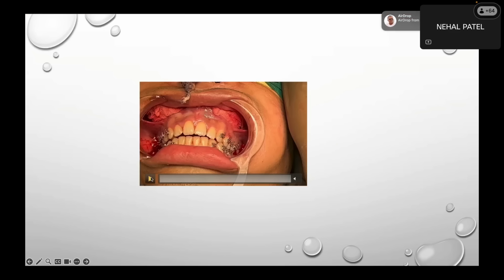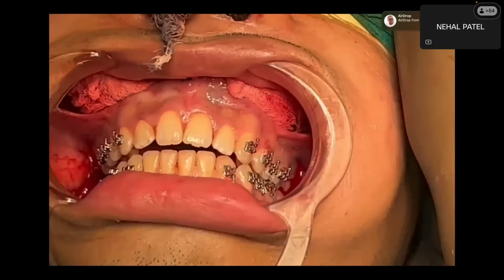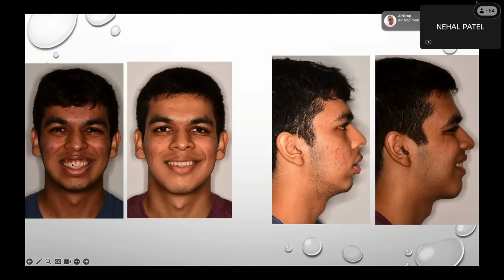That's where we started, and that's where we are. So we started with the same occlusion. You can see here on the left, on one side, we have just impacted the maxilla, but at the same time, we have gained that mandibular advancement.